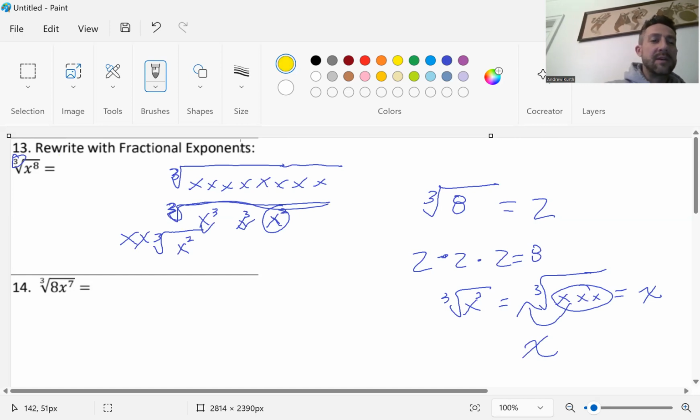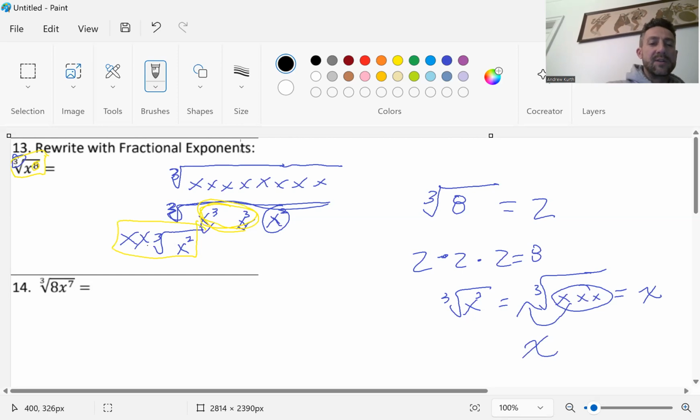So that means that this is the equivalent of this, where instead of having x to the 8th under the radical, we only have x squared under the radical because x to the 6th worth got out from under the radical when we simplified it.